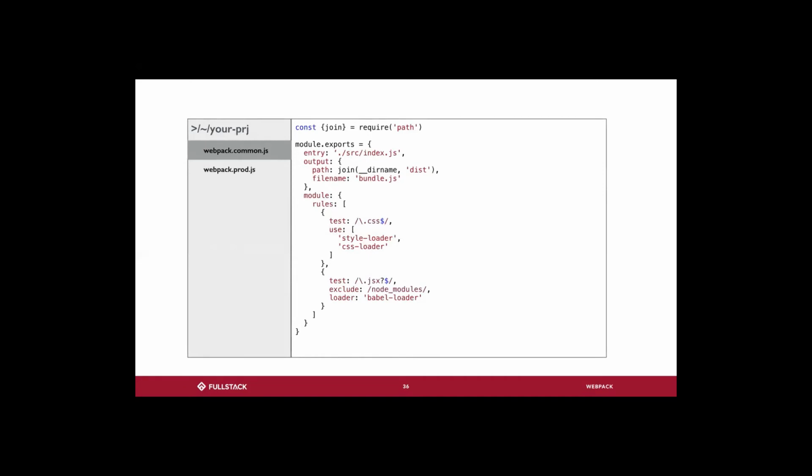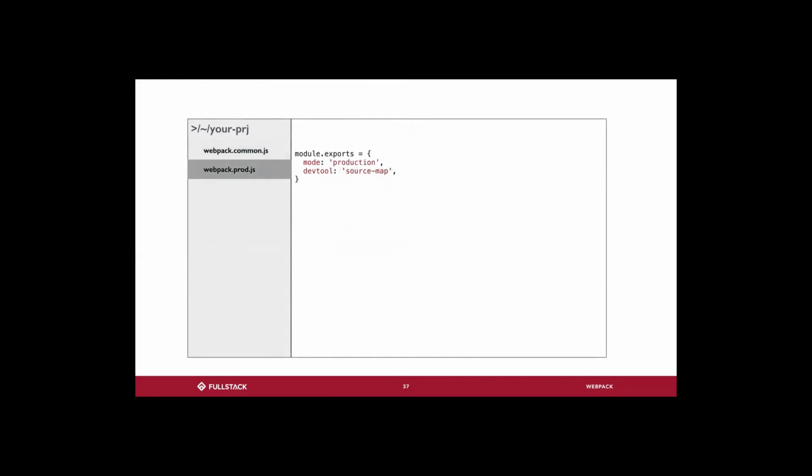So I'm going to make a new file called webpack.prod.js. And here's what that could look like: it could have just module.exports equals mode: production, and devtool would be source-map. This is a source map option that's recommended for production. So what I need to do to combine these two is I will pull in this merge function from the webpack-merge package.